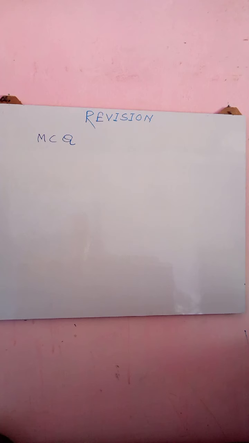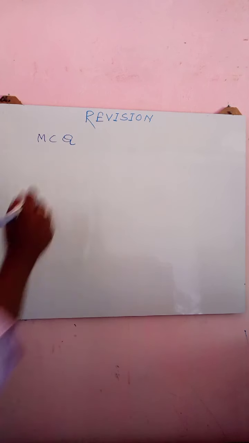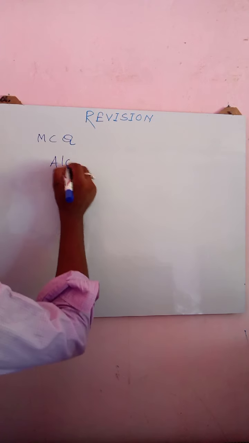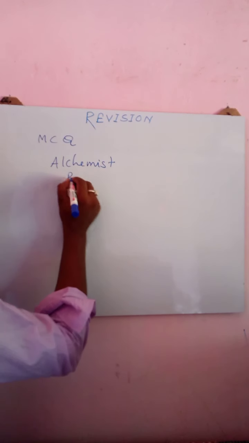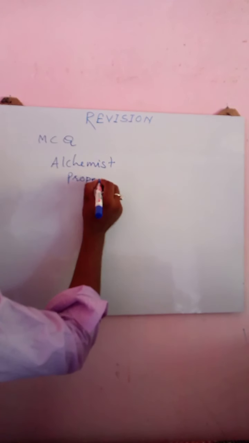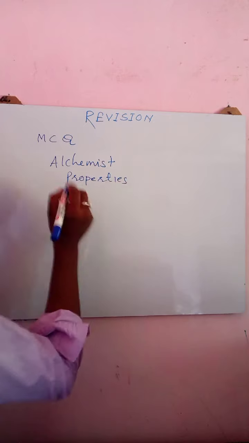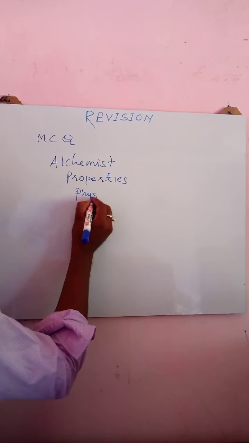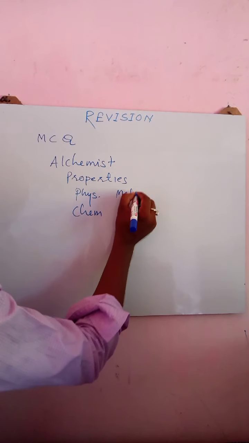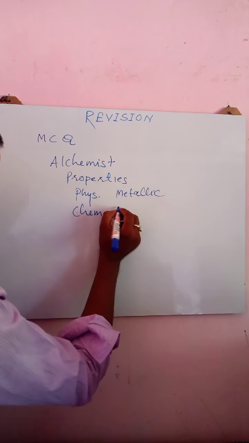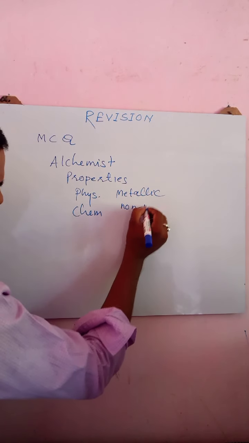Alchemists, we forgot about alchemists. If we talk about the contribution of alchemists, they classified the elements on the basis of general properties: physical properties, chemical properties, metallic properties, and non-metallic properties.